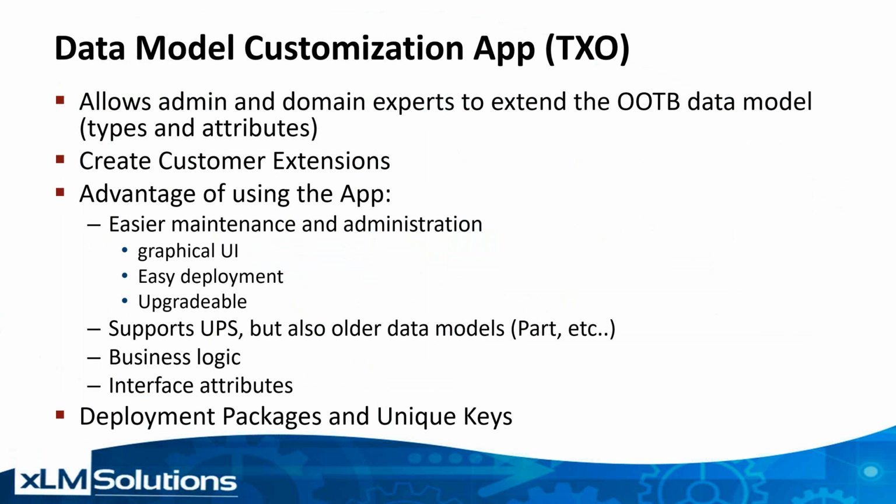One important comment to mention is that the extended attributes are created as interface attributes. So it's the type interface dot attribute name, unlike an attribute that you traditionally use to add to a type. Attributes are now added through interface. Interface existed for a long time in Novia, and right now the way the tool in the UPS extends the data model is using interface attributes.